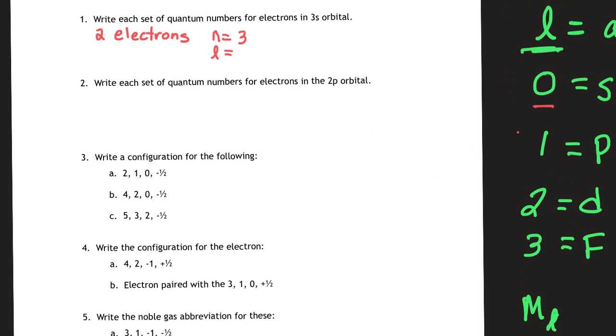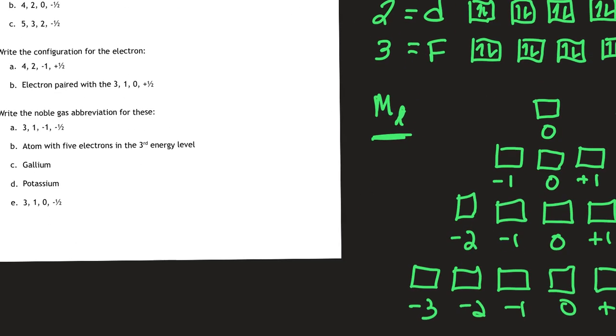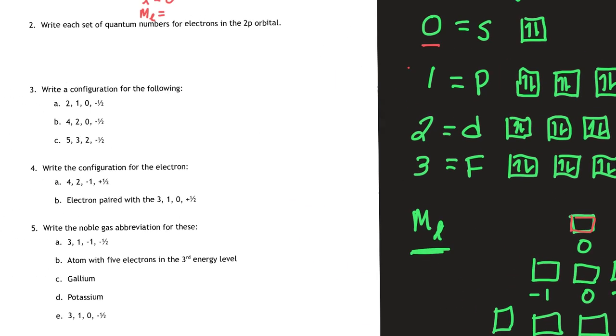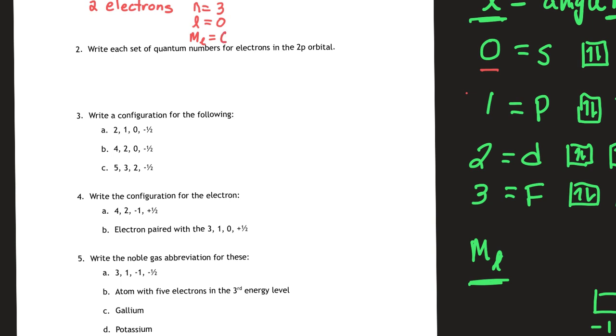So l is always going to be equal to 0 for these 2 electrons. The m sub L, going back over here and dropping down, in the s orbital I only have one choice. So m sub L has to be this box right here, so that's going to be 0.